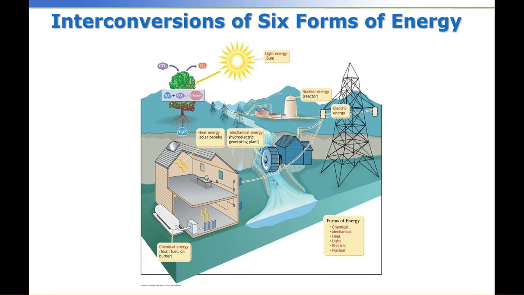The chloroplast is in the plant. They take in the solar energy and then synthesize glucose from carbon dioxide and water. So it takes in carbon dioxide and water, and then it ends up creating glucose and oxygen.